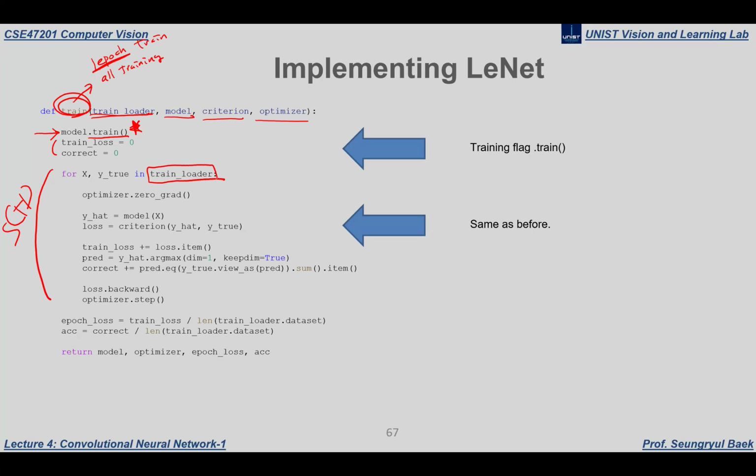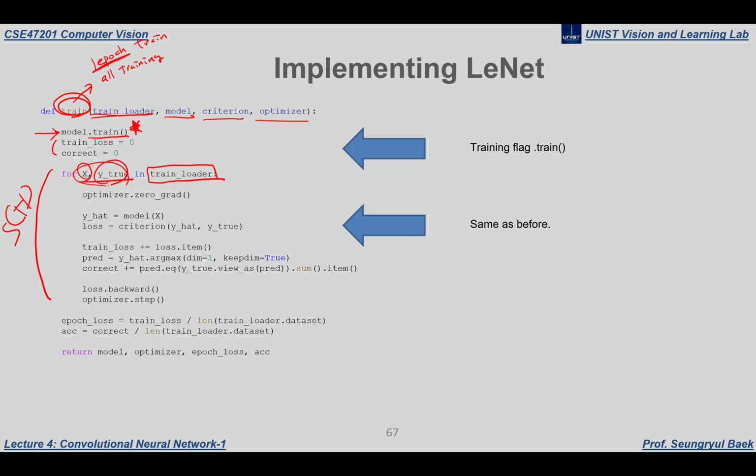And from the data loader, you will get your X and Y data, okay? So here, X and Y will be in the batch size. Our batch was 32 images, okay? Here, X and Y, you will get 32 samples.